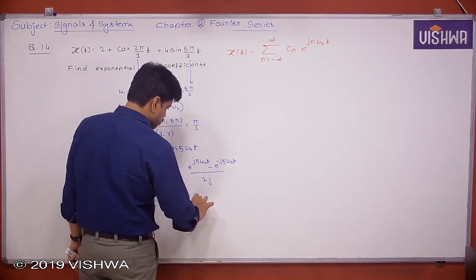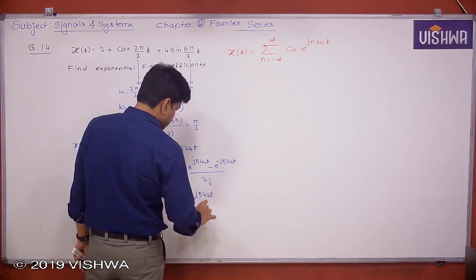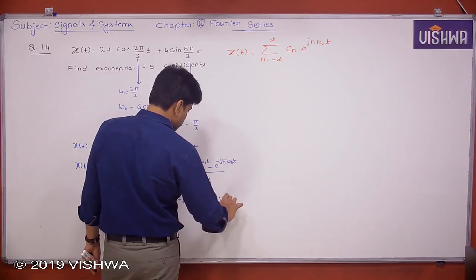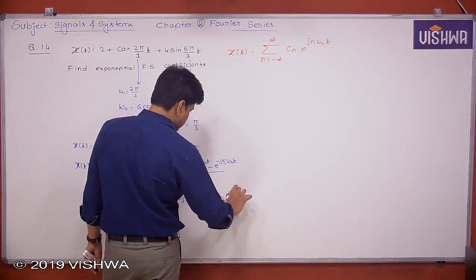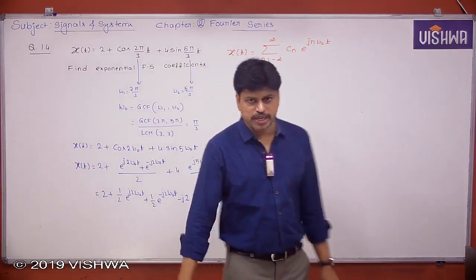So minus j2 e^(j5ω0t) minus 4 by 2j, that is plus j2 e^(-j5ω0t). This is the way we can expand it.